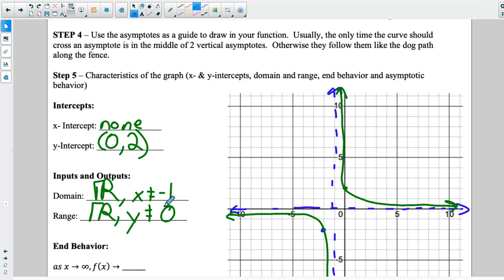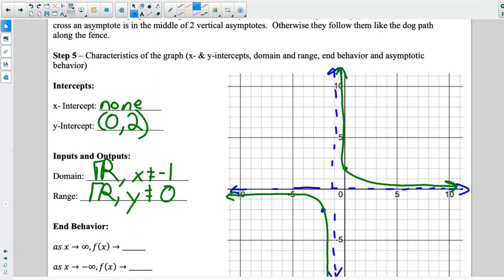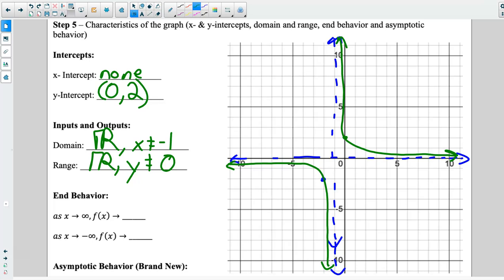All right, end behavior. So now we're going to picture that this dog is running on some elevation here a little bit. As this dog runs to the window, as it's running to the right, that's what this is saying, infinity is to the right, what height is it getting closer and closer to? 0.